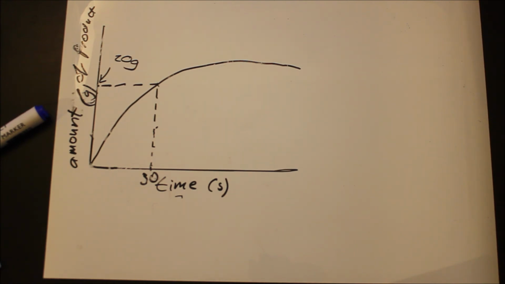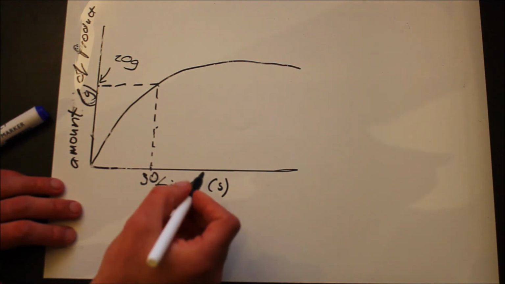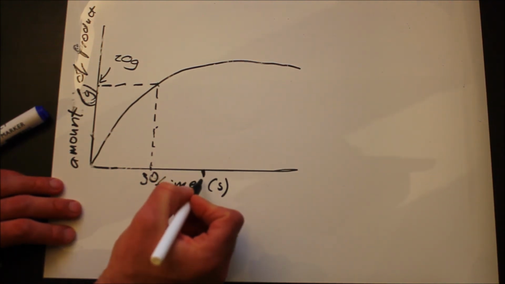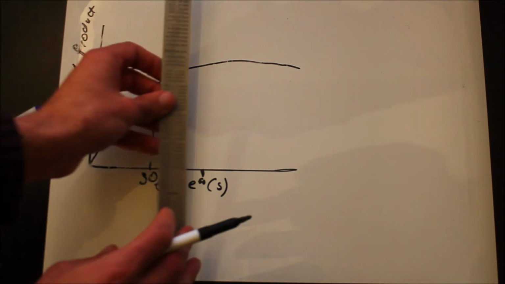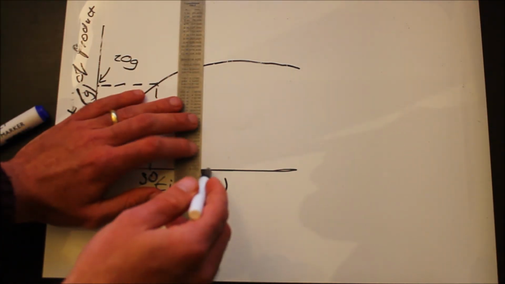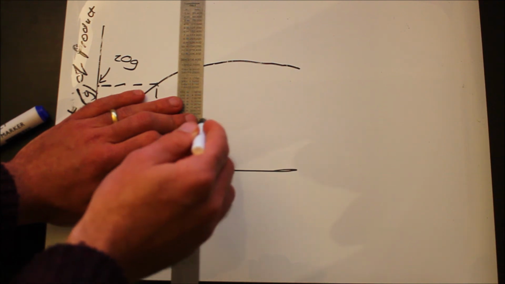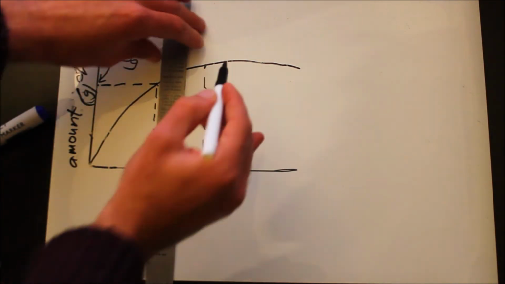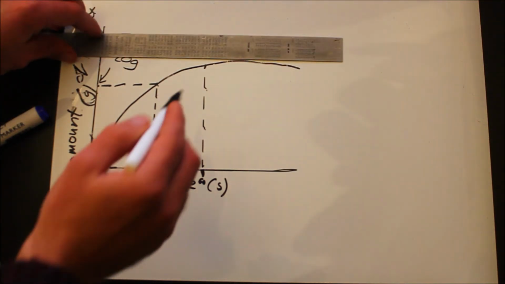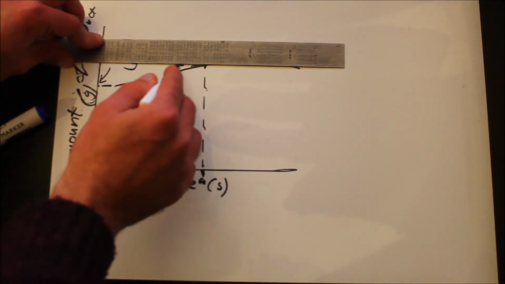You may also be asked to work out, for example, what is the average rate between 30 and 60 seconds. So say 60 seconds is here. Again, what you would do is we've drawn this one up here. We're going to draw again a second vertical line up to the line of best fit, and we're going to draw a line across.